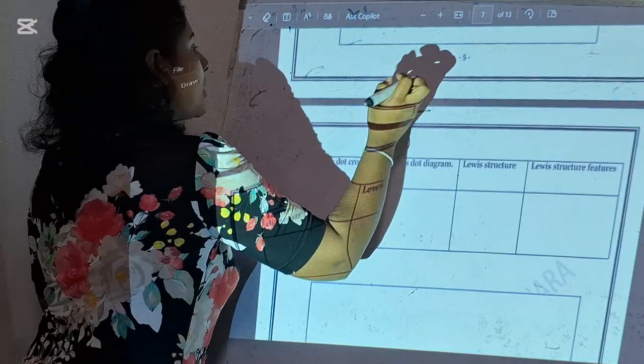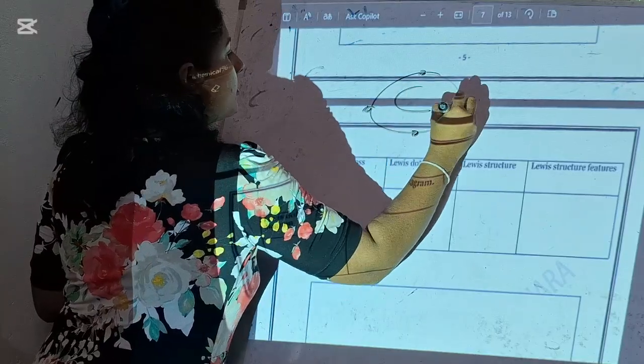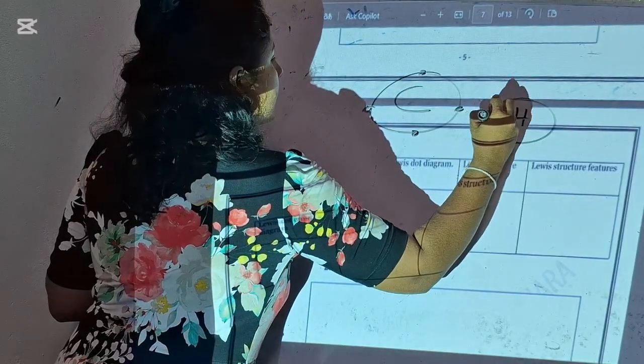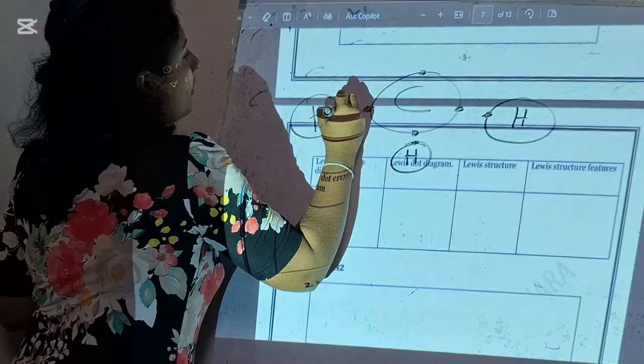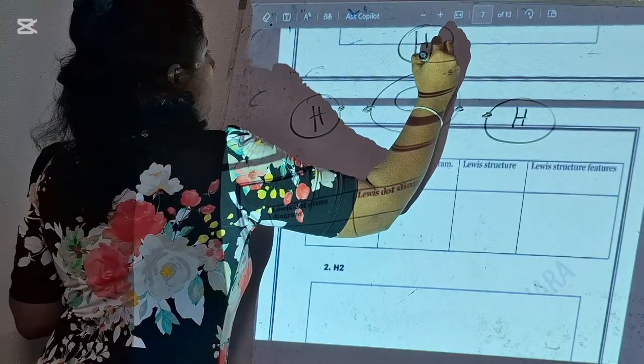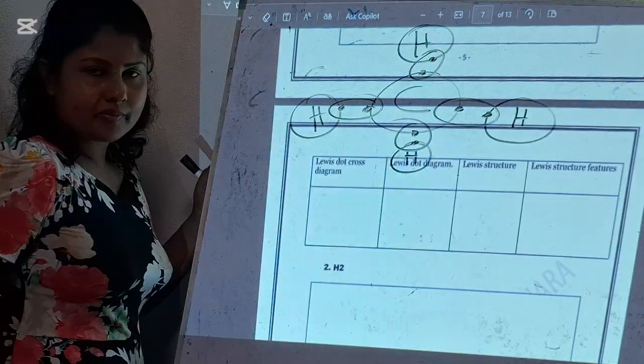This is the rough structure of the covalent bond. Actually, we drew this one previously.